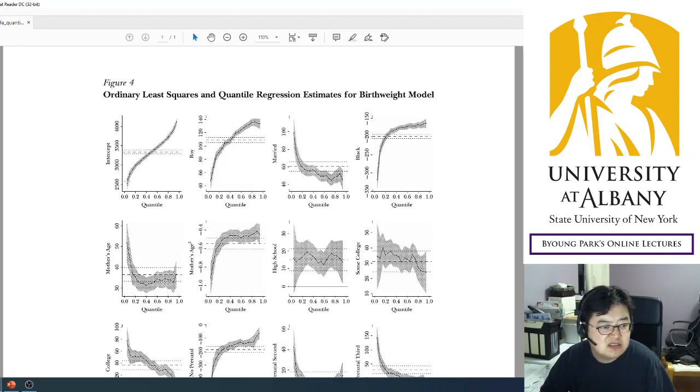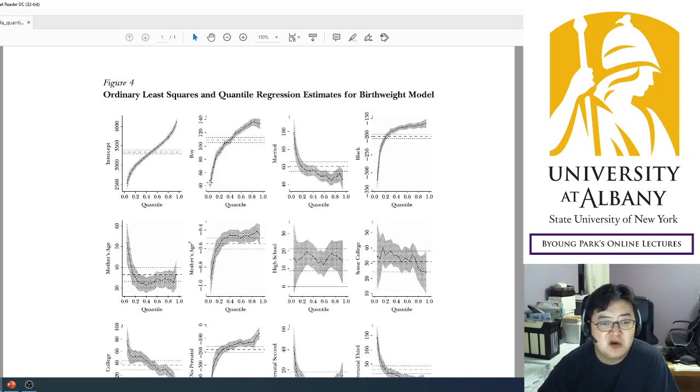So here, this is the 0.05 quantile result, and on the other end is the 95th percentile quantile regression. And the dotted flat vertical line is the result from the mean regression.